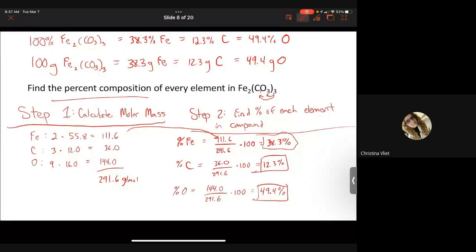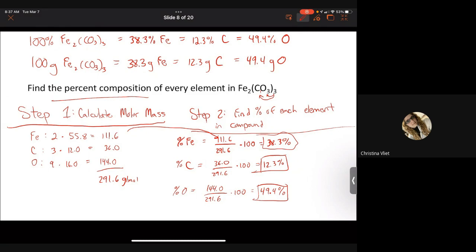Now, what can you do with this information? Remember, I'm all about giving you resources and tools and methods, and there's more than one method to solve the question. Anything that's an equality can be turned into a conversion.